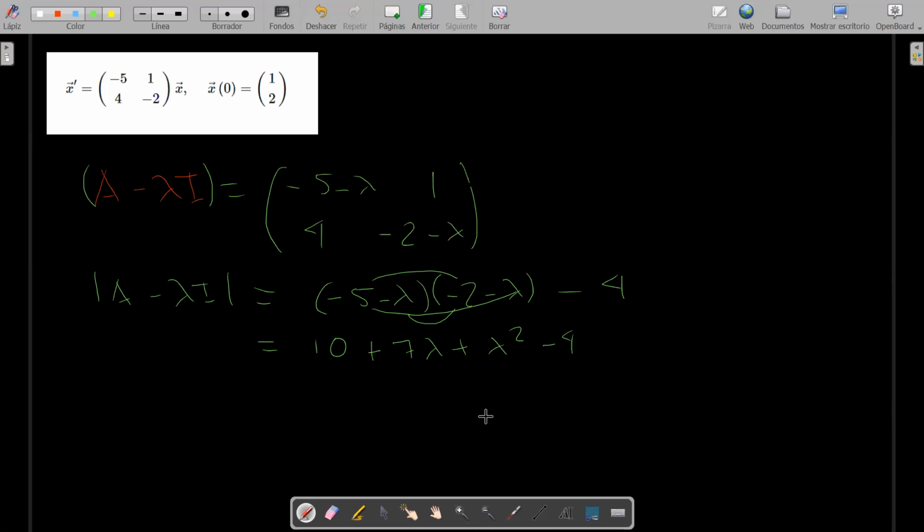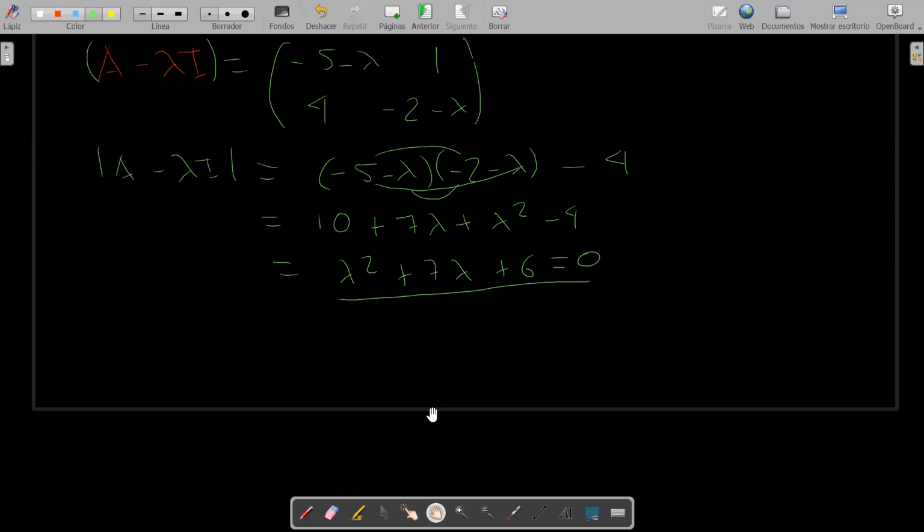And minus 4. Okay. So we have lambda squared plus 7 lambda plus 6. That's the determinant. And we make the determinant equal to 0, and that will be our characteristic equation.